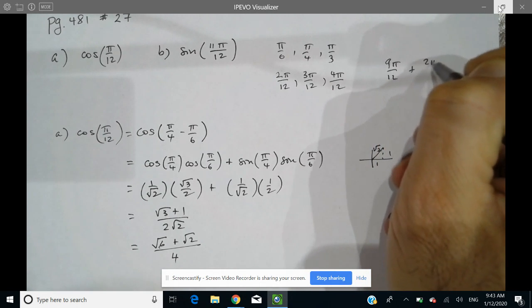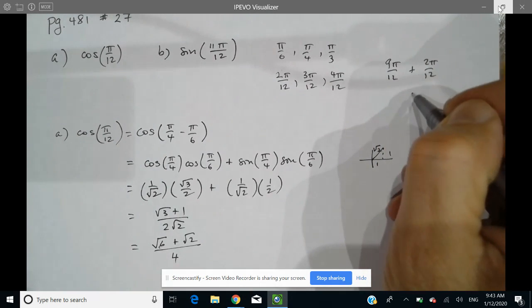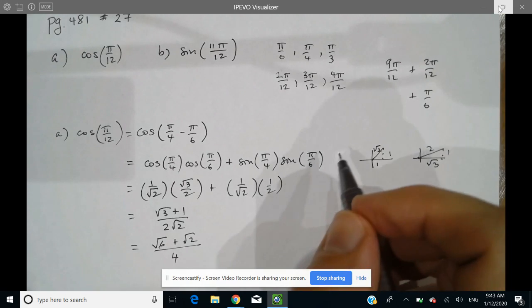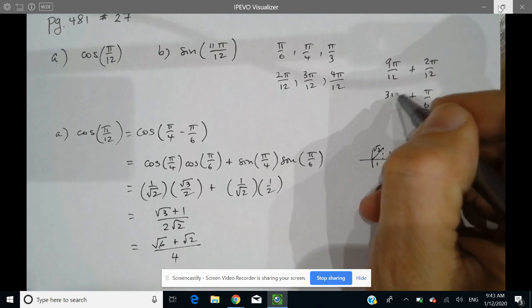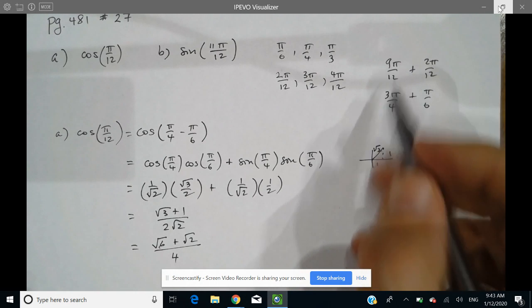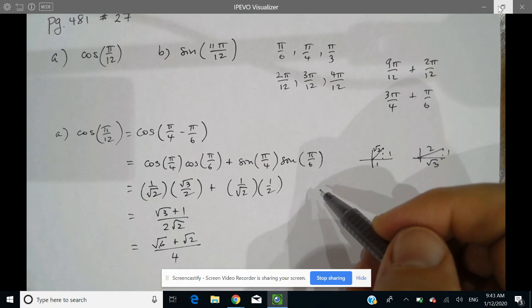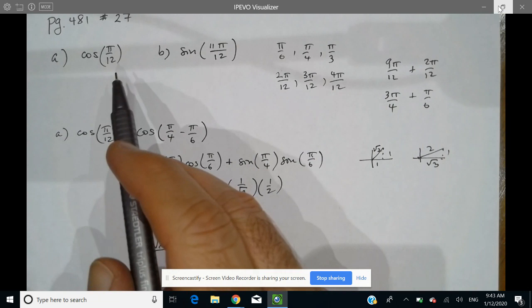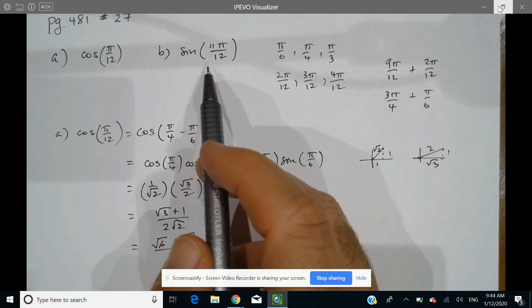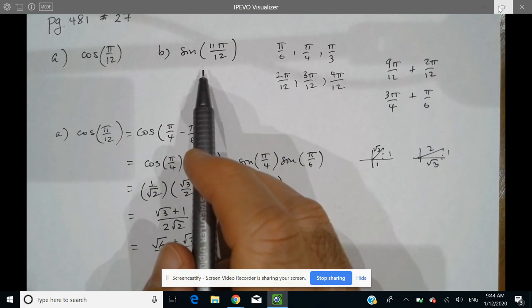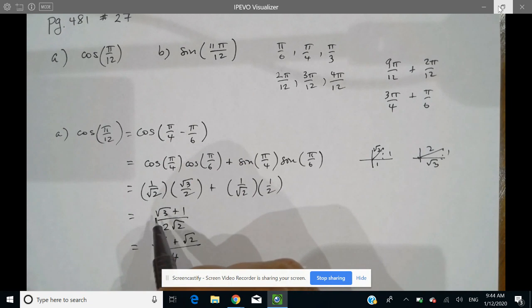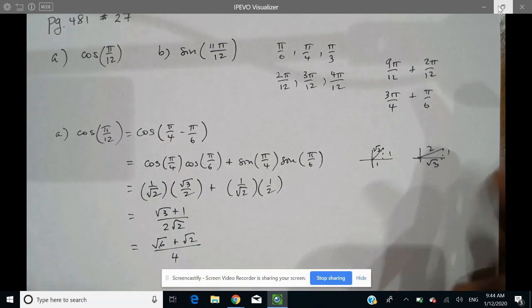We already know that this is pi over 6. And 9 pi over 12 is 3 pi over 4, which again is a special angle in the second quadrant. You could have also used 8 pi over 12, so 2/3 pi, plus 3 pi over 12, which is pi over 4. So you see different combinations will get that too. We'll work with this one here, 3 pi over 4 plus pi over 6.